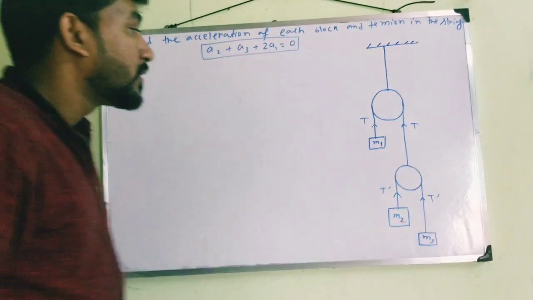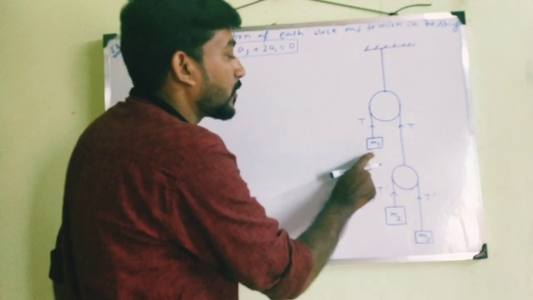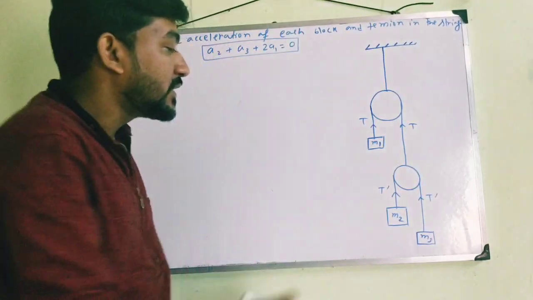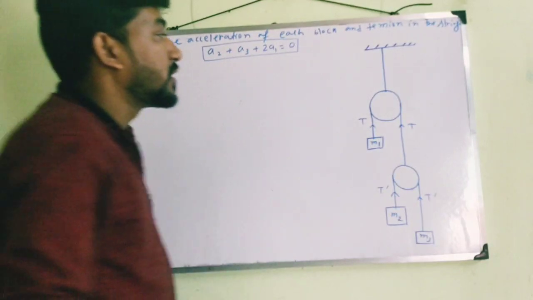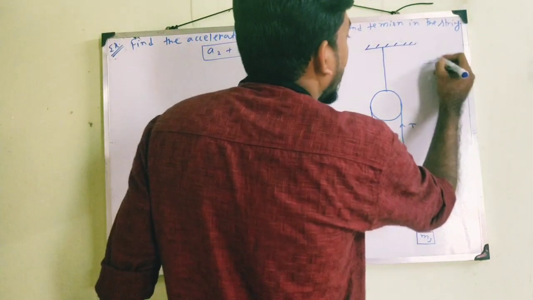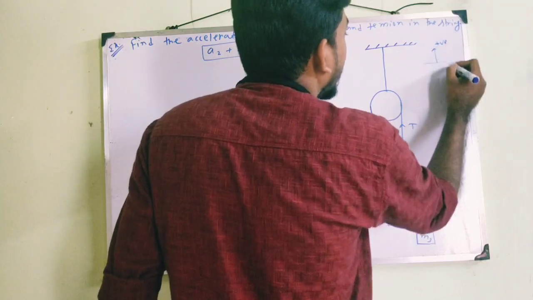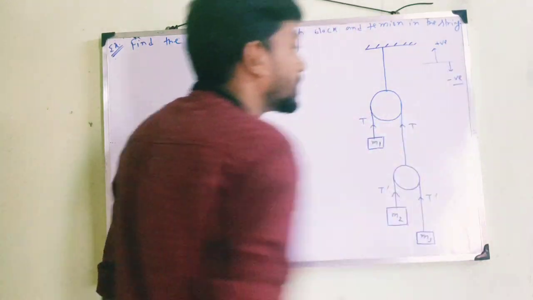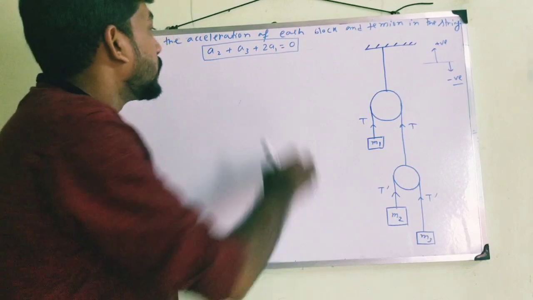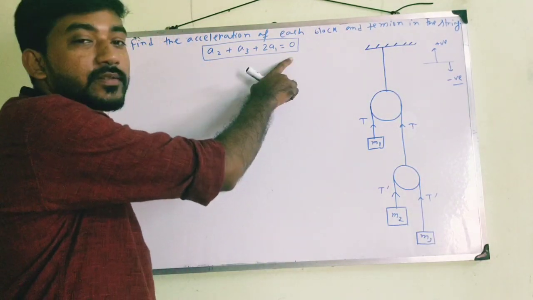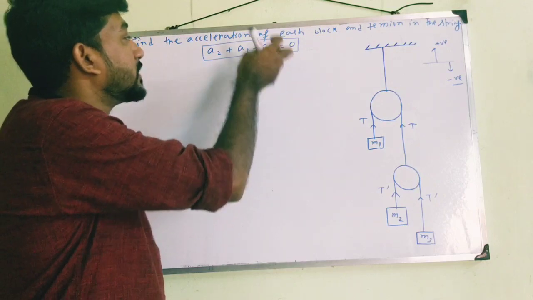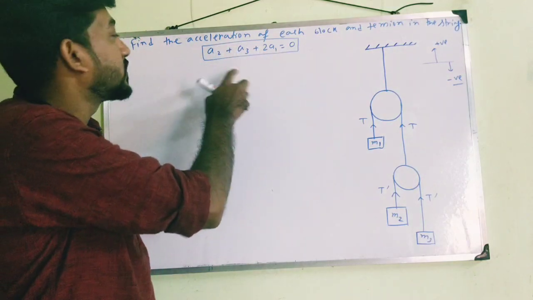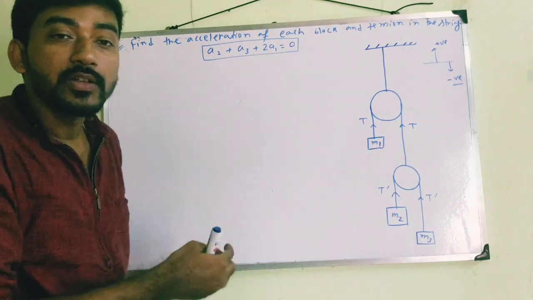Now the acceleration of this block, let me assume the acceleration of all the blocks in the positive direction, because we take the upward direction as positive and the downward direction as negative. As we use the constraint equation, the relation with the direction is within this equation, that is a2 plus a3 plus 2a1 equals 0.